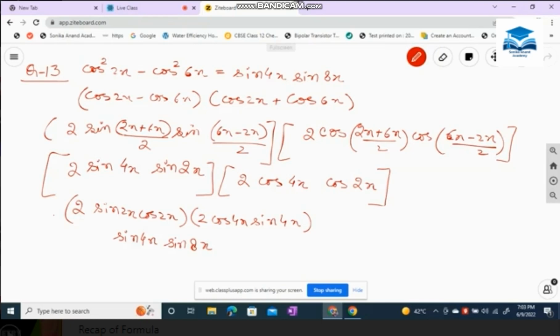See, here you write in this way. We have a minus b. So we write 2x minus 6x. Sorry, again I have written wrong. 2x minus 6x. So we get minus 4x.